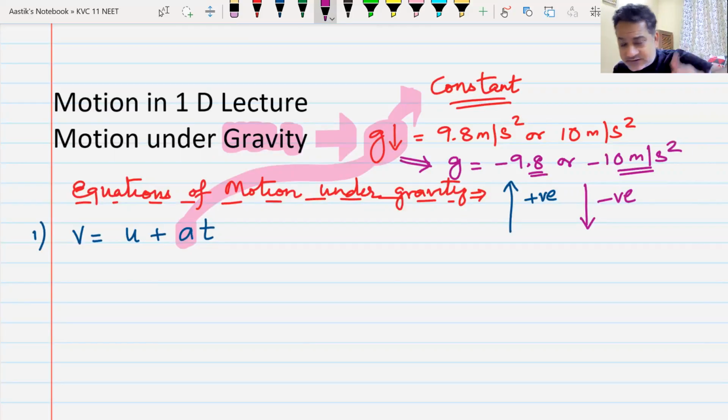Do we understand this? Please note it down that acceleration due to gravity is always constant. It is always downwards, so it always would be negative. Yes or no?